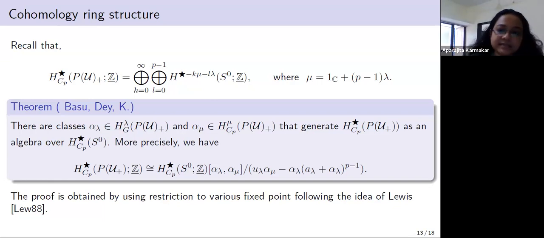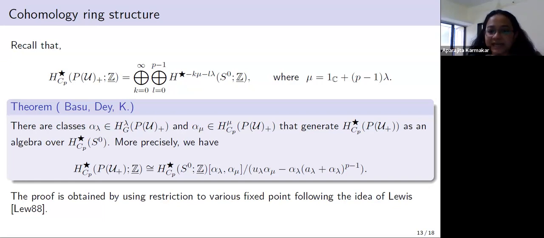As an algebra, this cohomology H star Cp of PU plus is an algebra over H star Cp of S naught. More precisely, we can write it as H star Cp of S naught with Z bar coefficients generated by alpha lambda and alpha mu, but they have a relation between them: u lambda alpha mu equals alpha lambda times a lambda plus alpha lambda to the p minus 1.